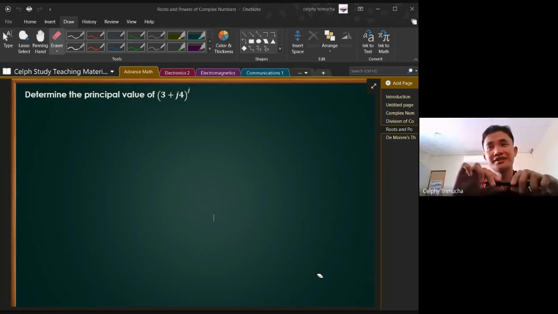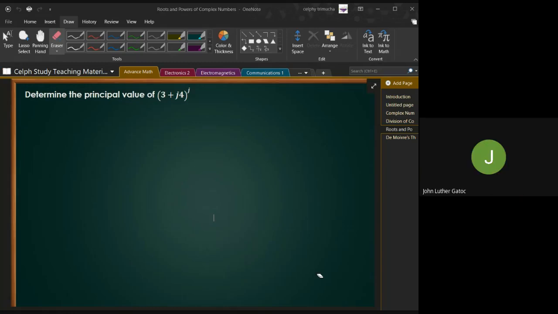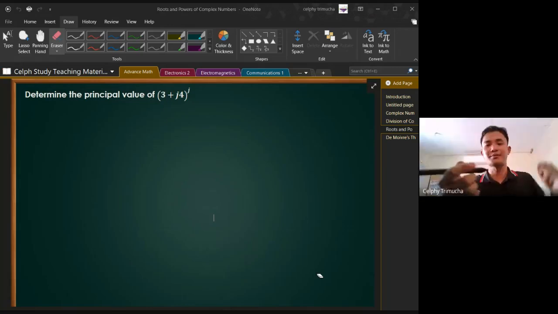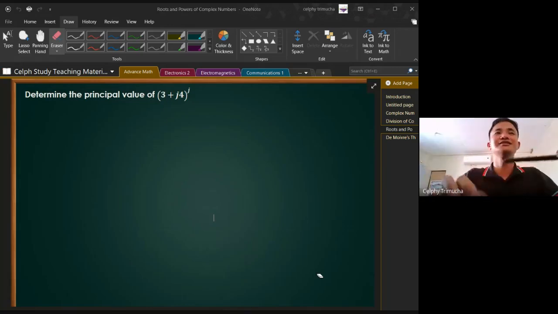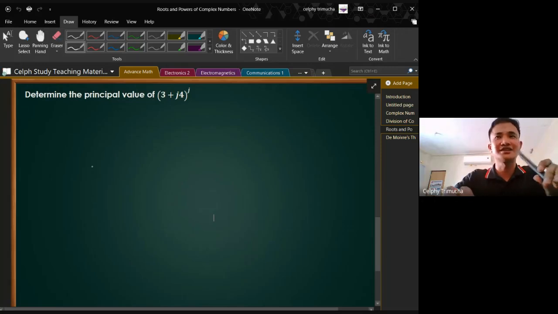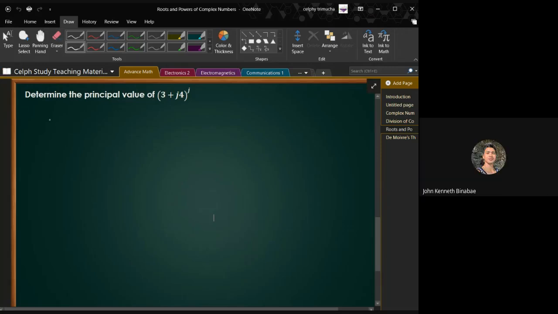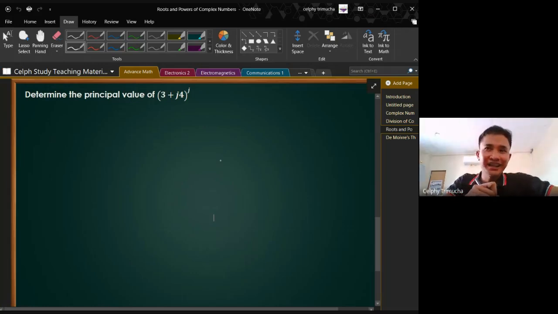Dahil tawag nila, sir, square root. Tapos naman to bisan, yung ano ni Jim Kenneth. Diyan. Na all. Sige, Becky, nakalanta ka dyan, Luther.